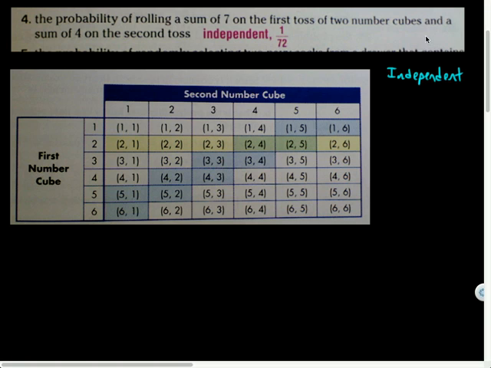So let's see. Rolling a sum of 7 on the first toss. Sum of 7, I believe that's this diagonal. Those are all sum of 7. So the probability of a sum of 7, then a sum of 4, is equal to the probability of a sum of 7 times the probability of a sum of 4, because they're independent.